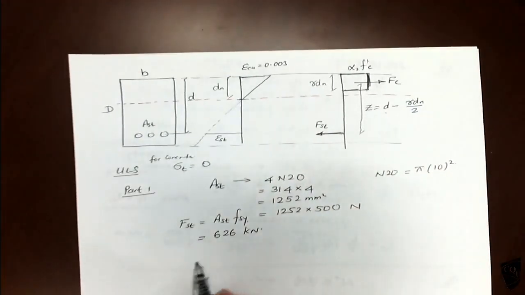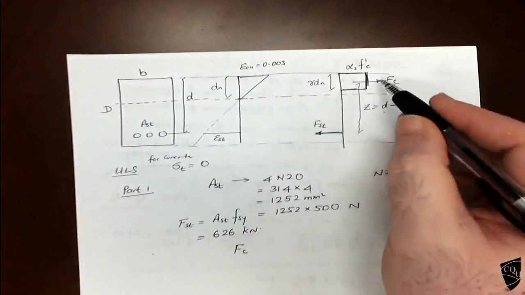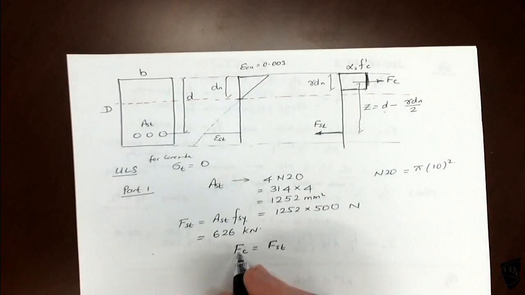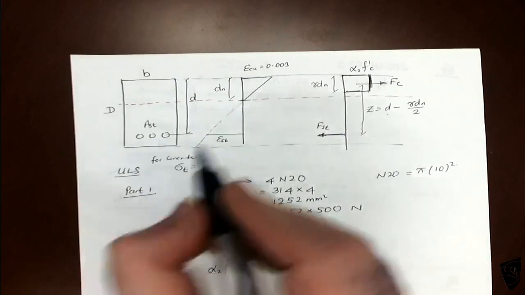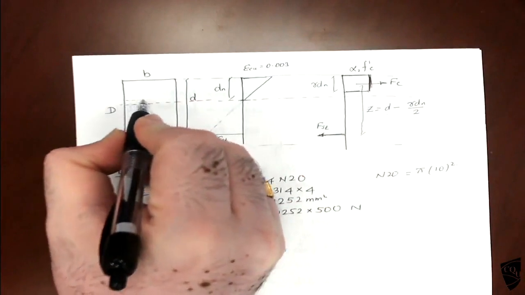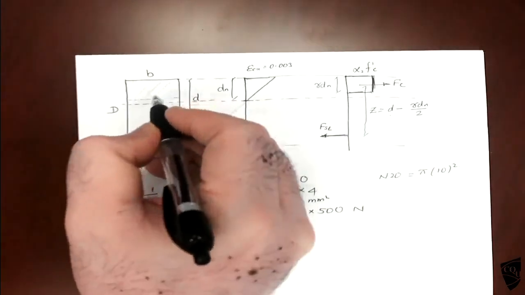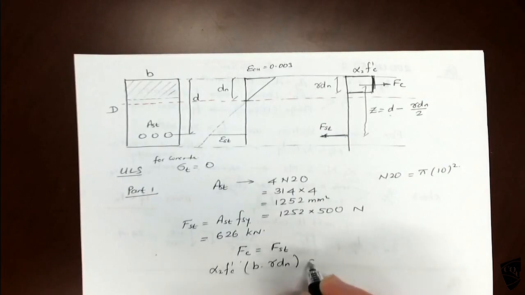So to find out dn, we have two forces, both should be equal. Fc is equal to Fst. So Fc is uniform stress times area. If you bring that one here, this much area has uniform stress. So V times gamma dn is equal to Fst.